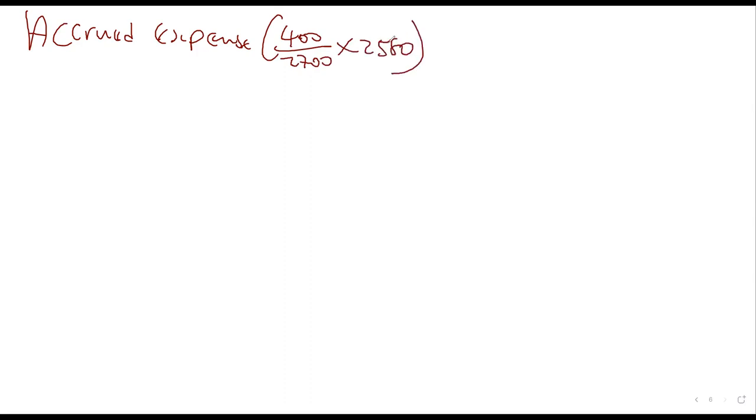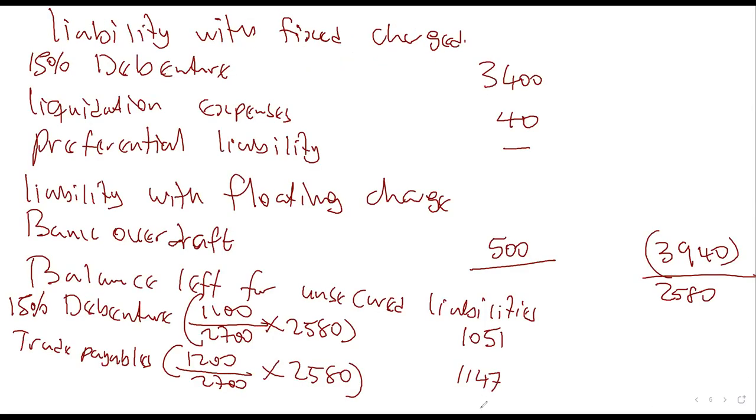If my calculator sets me right, 400 divided by 2,700 times 2,580 should be around 382. So 382. So that should be around this area.